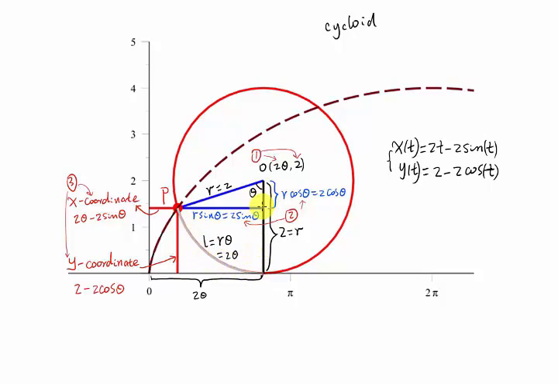And we know our radius is 2, so that will be 2 theta.